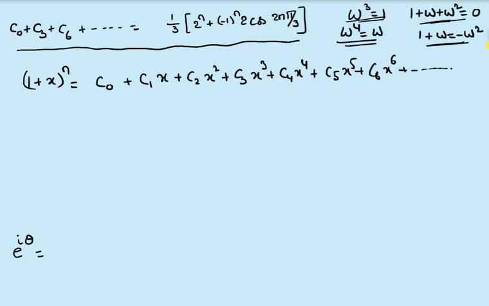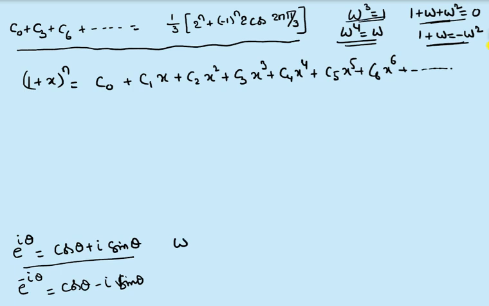At the same time, one more piece of information I hope you know: e to the power of i theta, just better to know. We will discuss it in the complex number chapter. e^(i theta) is equal to cos theta plus i sin theta, whereas e^(minus i theta) is equal to cos theta minus i sin theta.